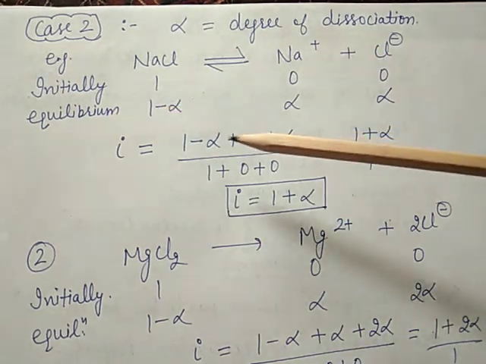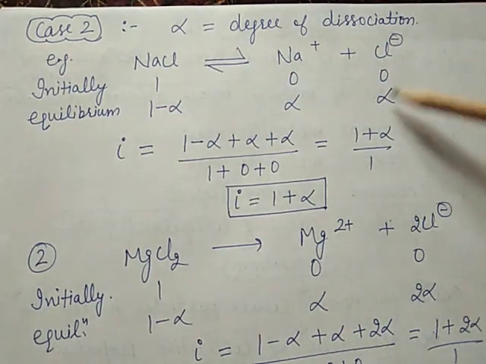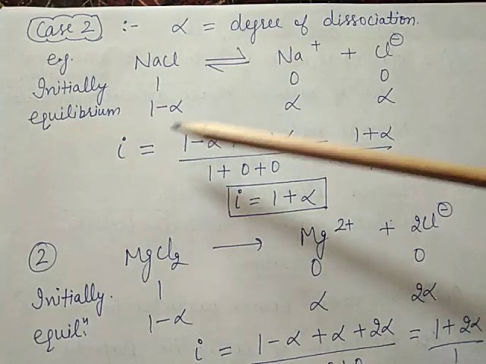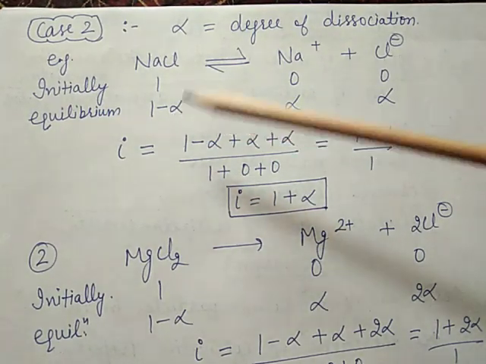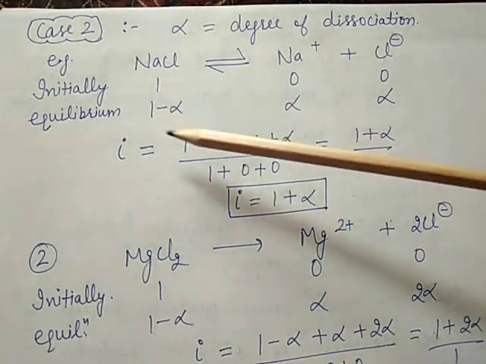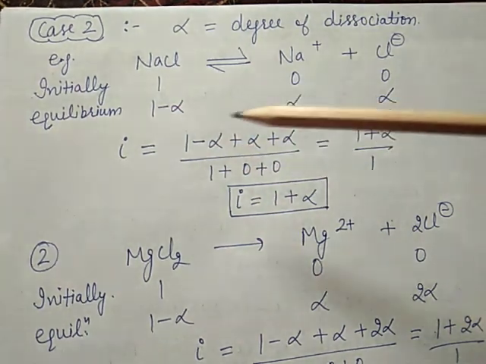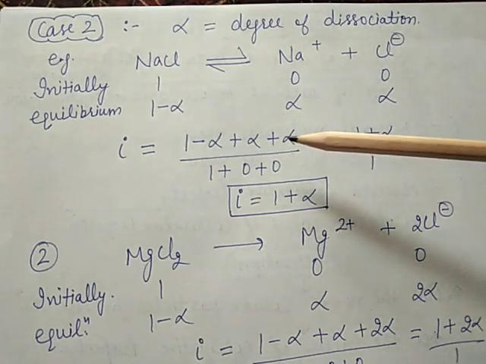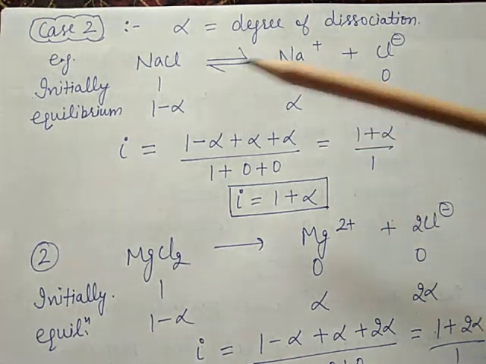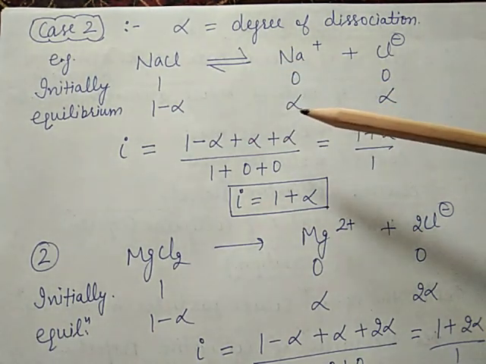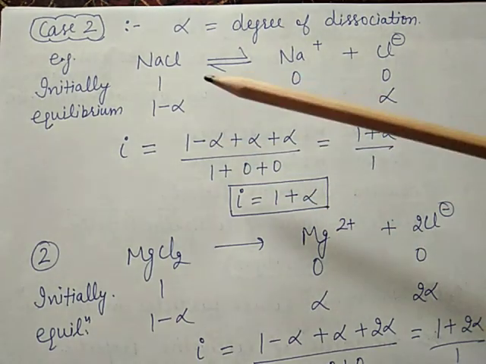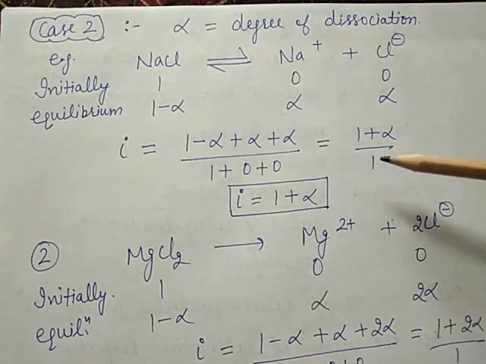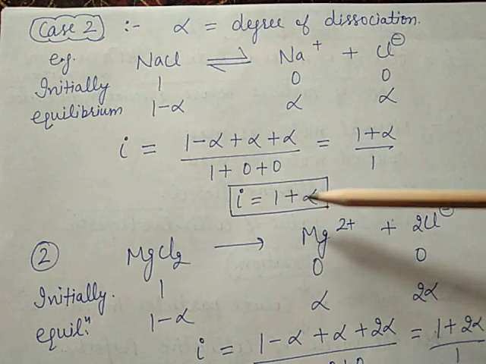At equilibrium, here alpha mole dissociate, it is also alpha, and here how many left? 1 minus alpha. Iota is equal to number of particles after dissociation, means 1 minus alpha plus alpha plus alpha, divided by number of particles before dissociation, 1 plus 0 plus 0, that is 1. Iota is equal to 1 plus alpha.